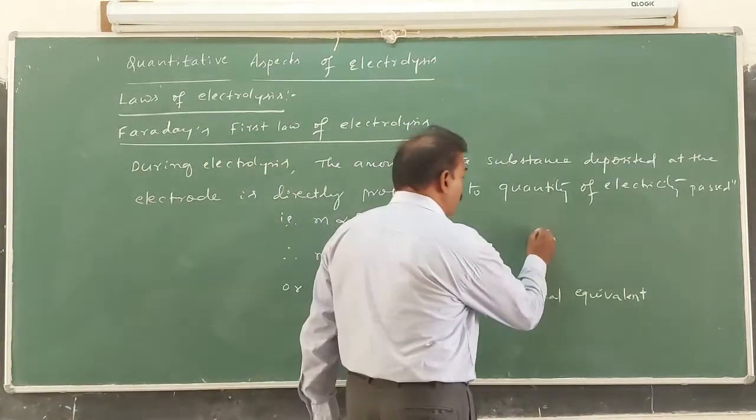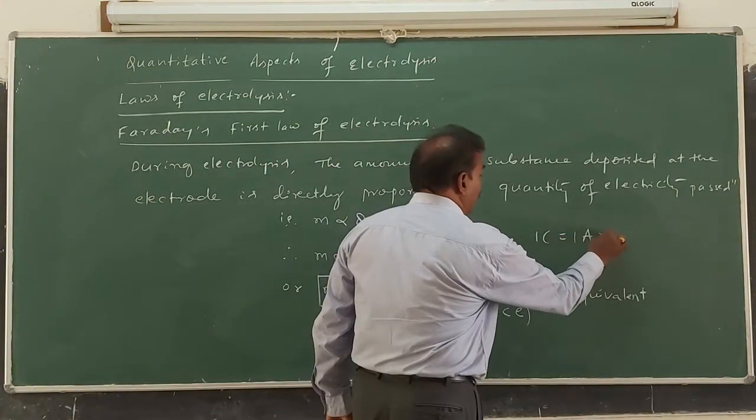Here we know that 1 coulomb is equal to 1 ampere into 1 second.